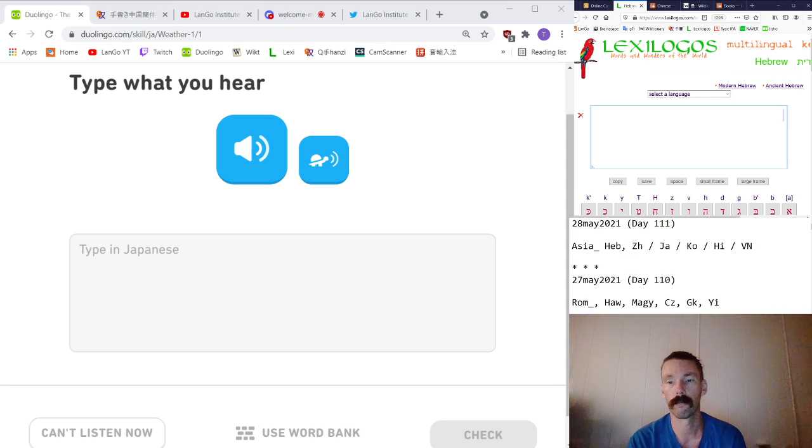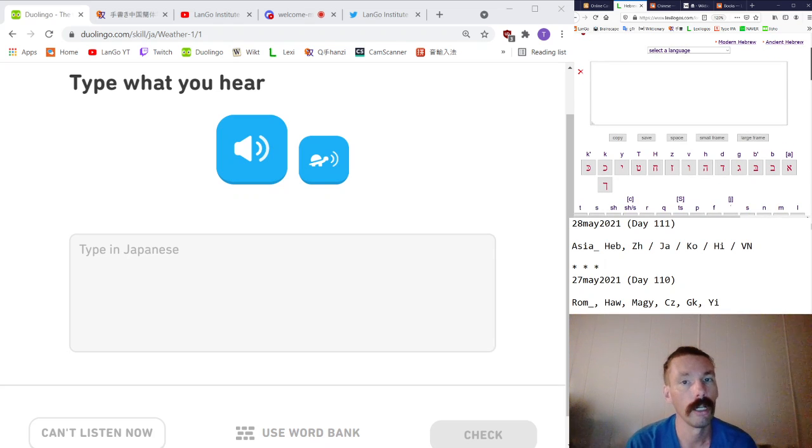In English, I would say the weather is a little bad, but here it says chotto tenki ga warui desu. I would expect the chotto to go closer to the verb. So it means like a little weather is bad, which doesn't make sense to me.